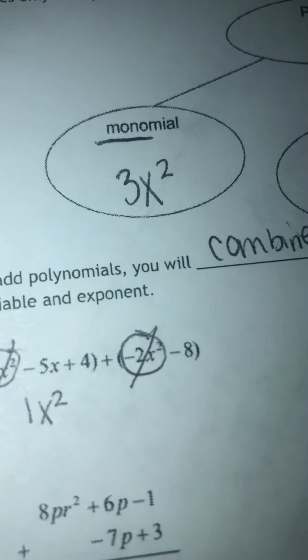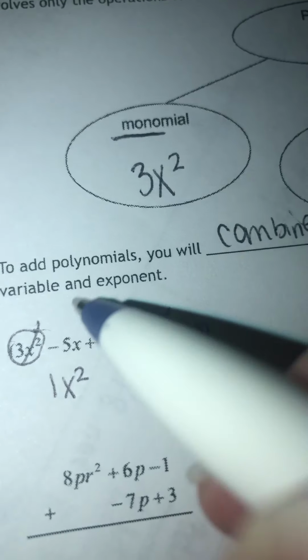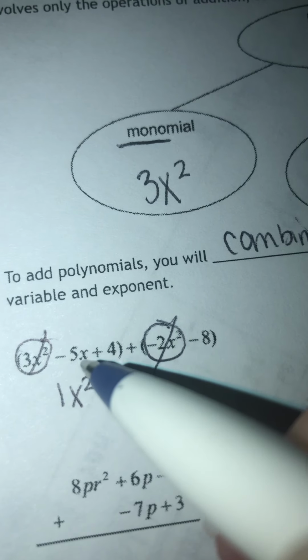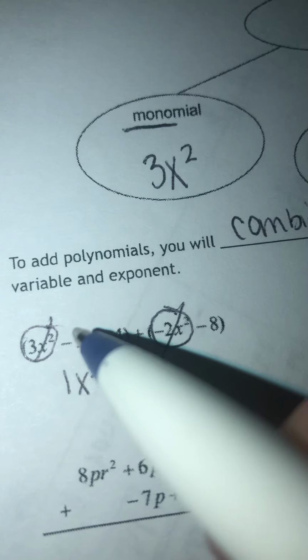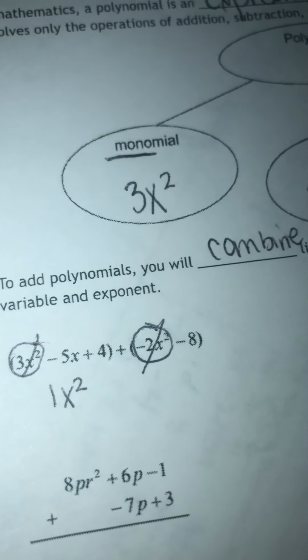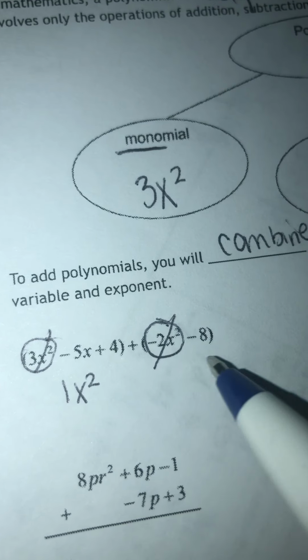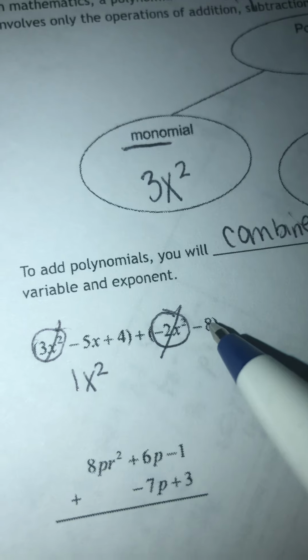The next term in the first polynomial is negative 5x. Negative 5x has an x next to it, so I would need to combine it with another term that has an x next to it. When I look at the second polynomial, I don't see anything that has just an x next to it.